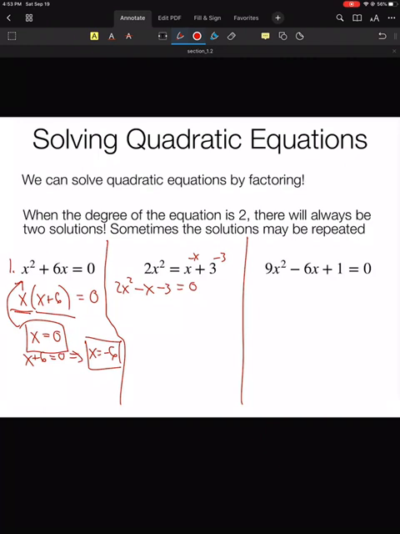Now, you can factor by grouping if you want here to get the product of two things. Or you can think less formally about this if you want to. We know that there needs to be a 2x here and an x here.